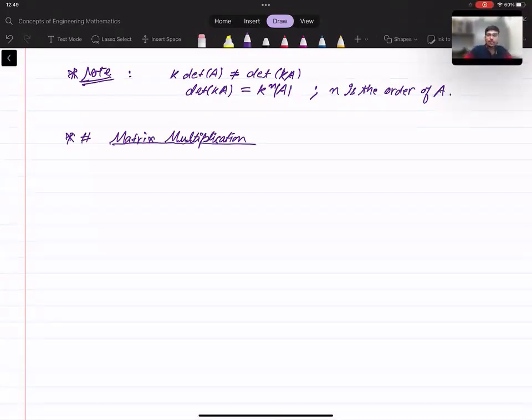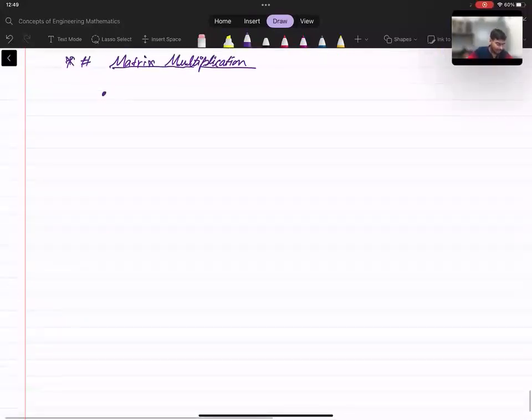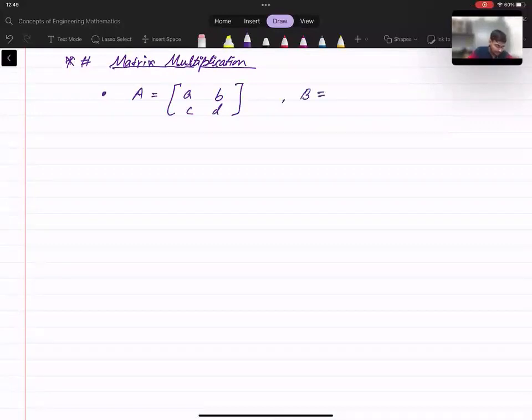Suppose we have a matrix A and another matrix B, and we need to multiply them. Say A is [a, b; c, d], and then we have another matrix B, which is say [e, f; g, h].